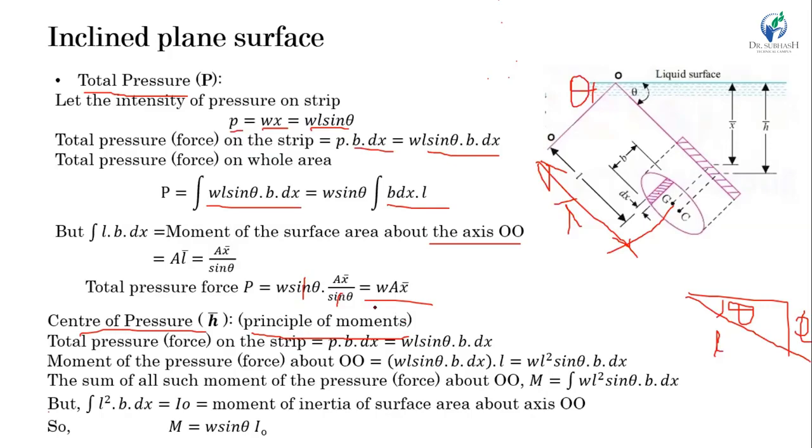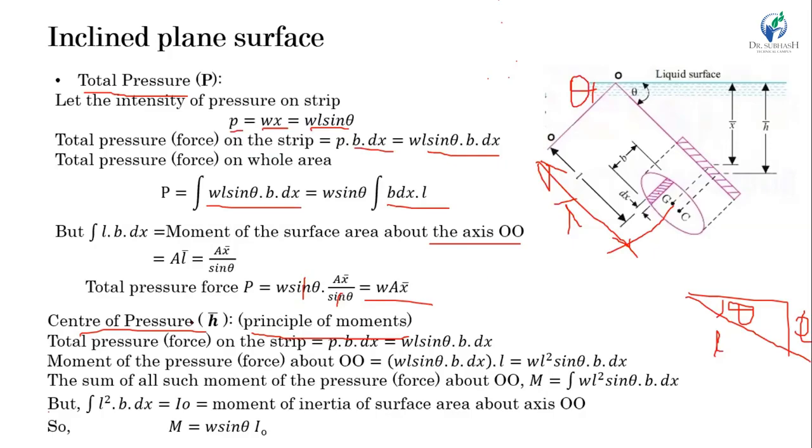So again, let's consider the very small force acting on the strip and its moment with reference to OO, and then we will calculate the moment of the total pressure force, which is P equal to W A X bar.